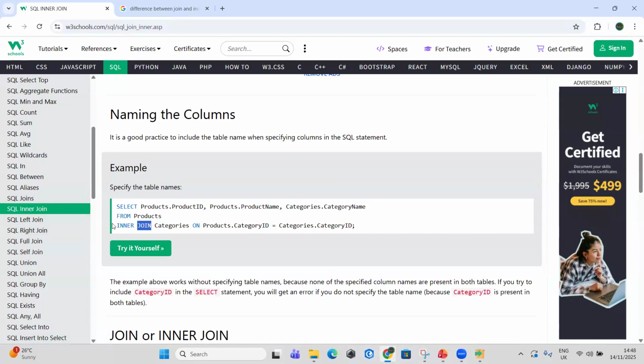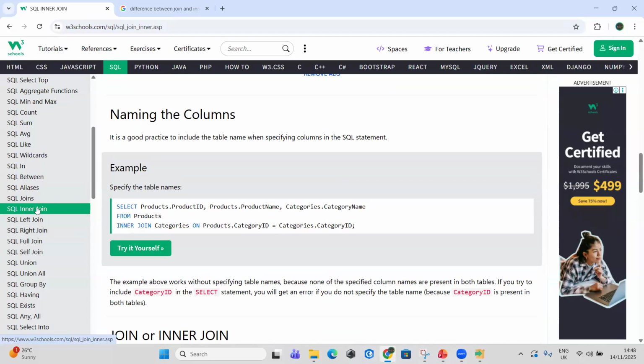So it does not matter if you write inner join or just join. It will give inner join only, because this is the most commonly used one.